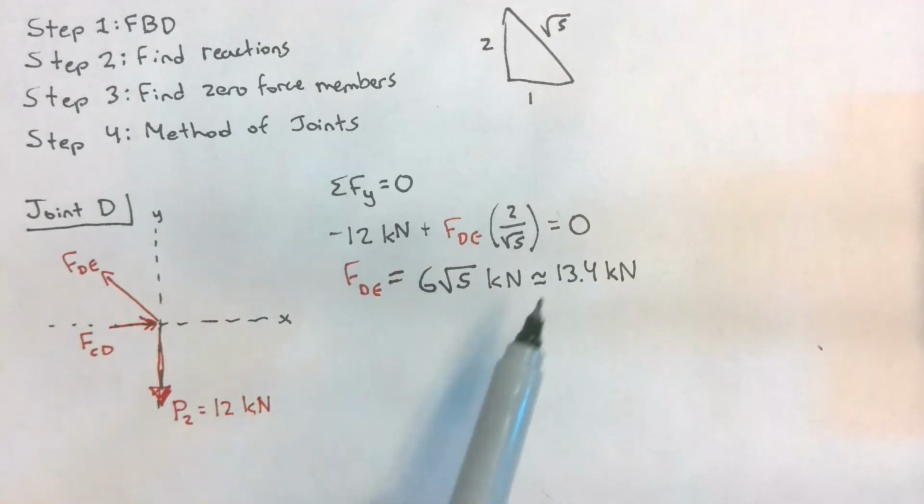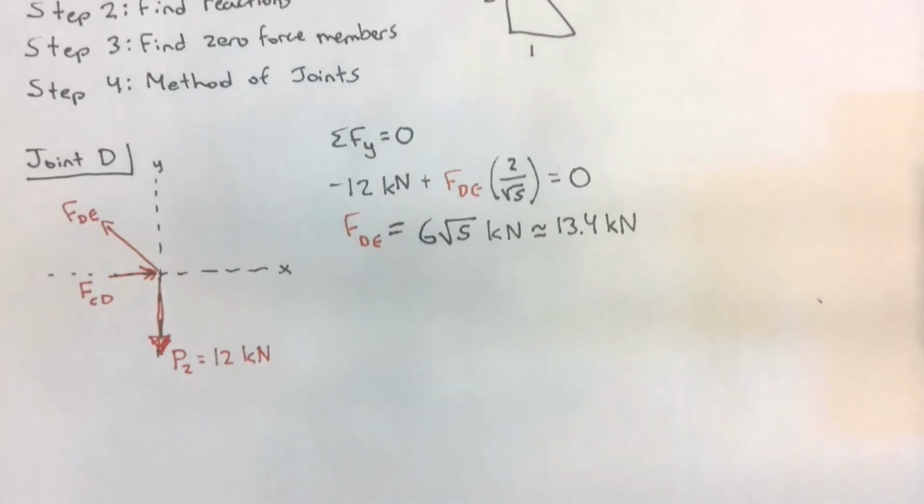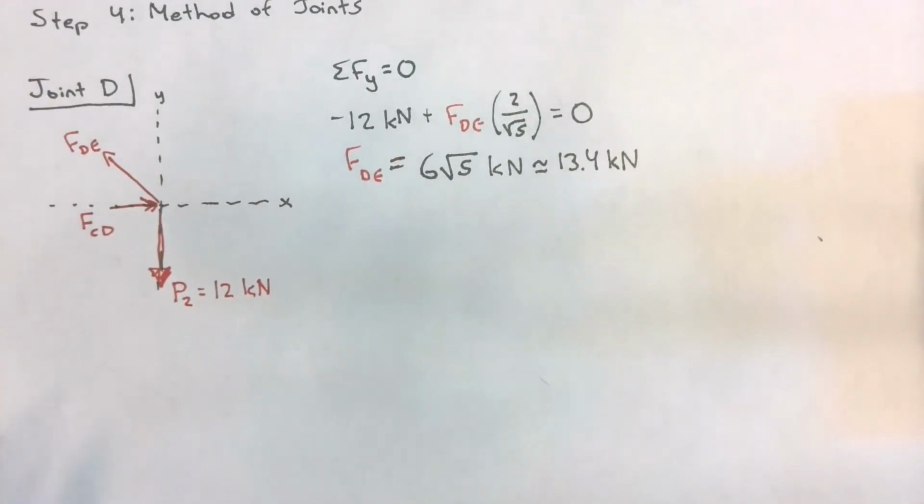Our answer is positive, which means that we assumed this direction correctly. Now, you guys knew that it was going to be positive anyway, but just to have a little bit of confidence, the answer was a positive number, so this direction was correct. Okay? So we found this FDE, which is approximately 13.4 kilonewtons.